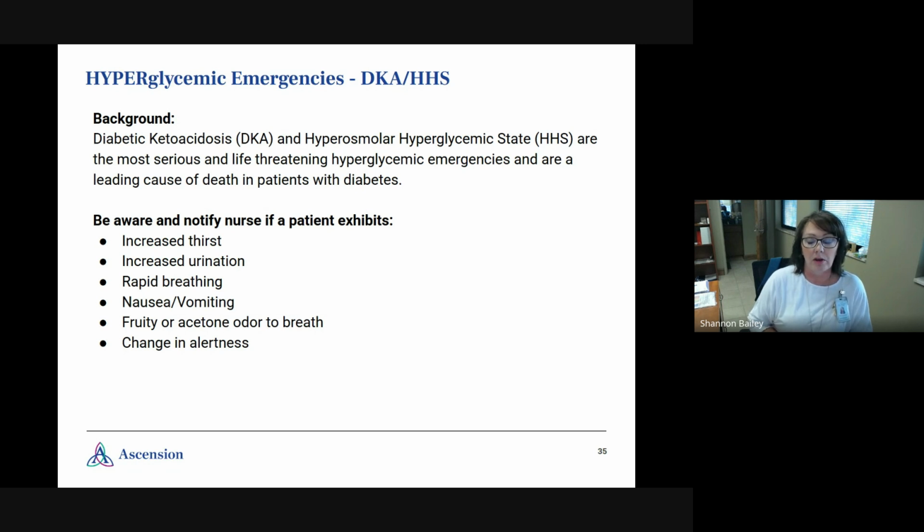Just be aware and pay attention to your patients. If you notice that anybody's got increased thirst, increased urination, rapid breathing, nausea and vomiting, a fruity or acetone odor to their breath, or any kind of change in alertness, that is definitely a red flag. Especially for somebody who has diabetes, and you should let the nurse know immediately.